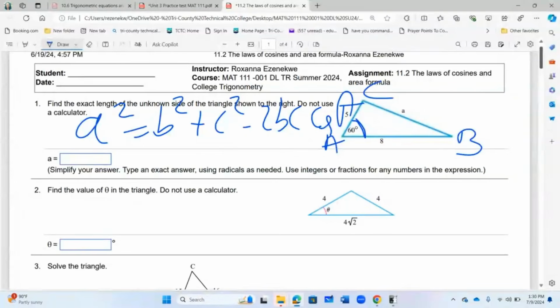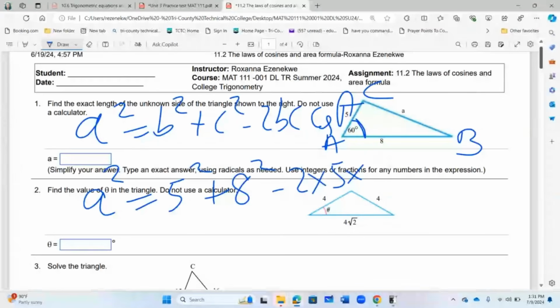All right, so now that I have A squared equal to B squared plus C squared, this is A squared right here. Do not use a calculator. So B is given to me as 5. 5 squared plus 8 squared minus 2 times 5 times 8 cosine of 60 degrees.